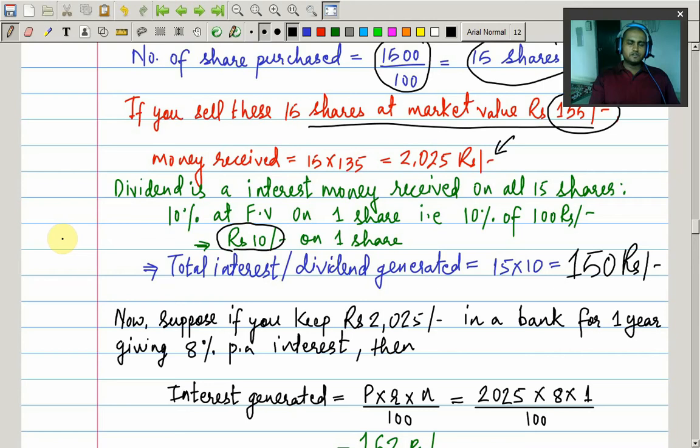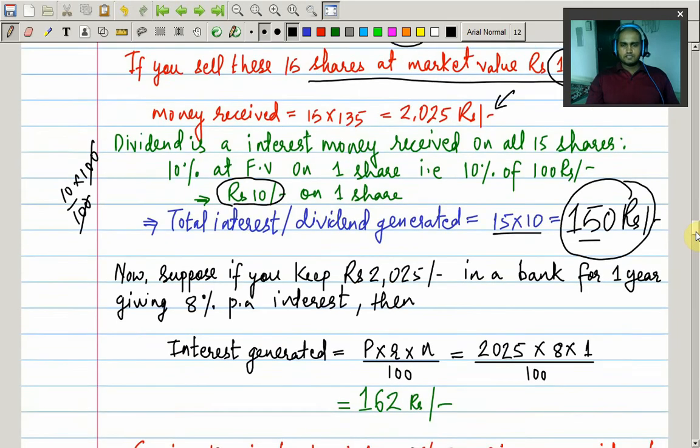So the total dividend generated on 15 shares is 15 into 10, so 150 rupees. This is the profit I am getting when I invest in 15 shares.